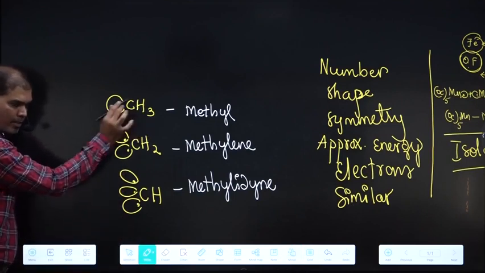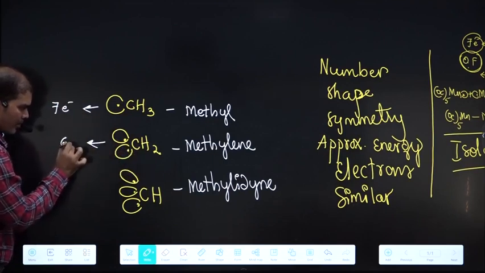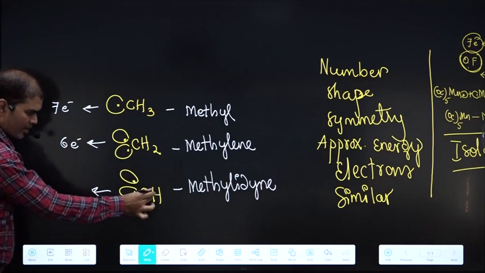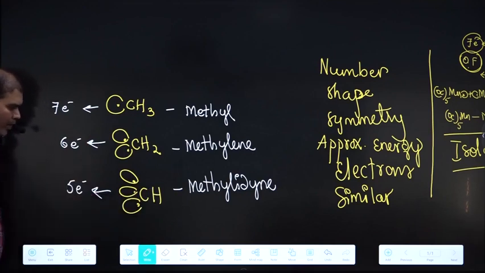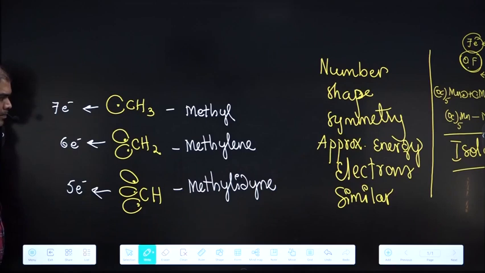This is 4 plus 3, a 7 electron system. 4 plus 2, 6 electron system. 4 plus 1, 5 electron system. So methyl is a 7 electron system, methylene is a 6 electron system, methylidyne is a 5 electron system. This we have to match with organometallic fragments.